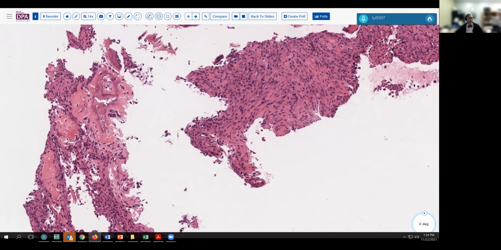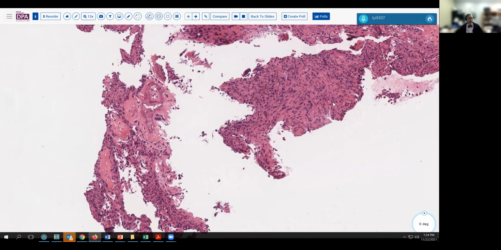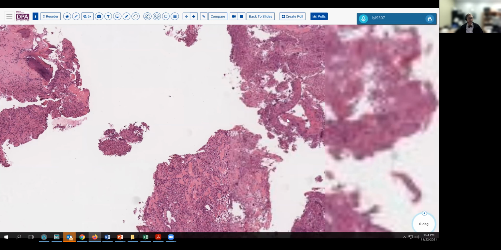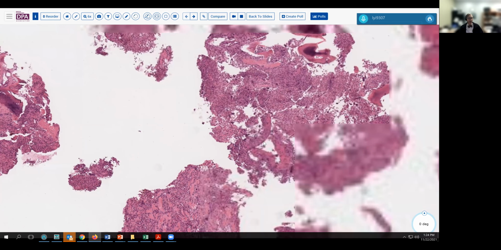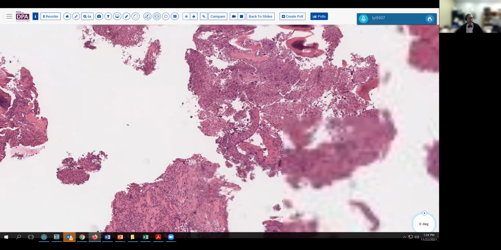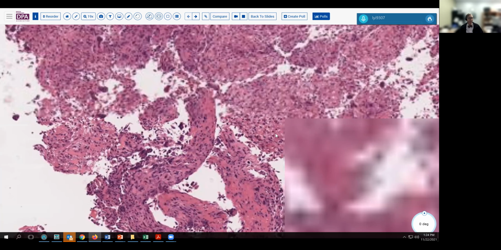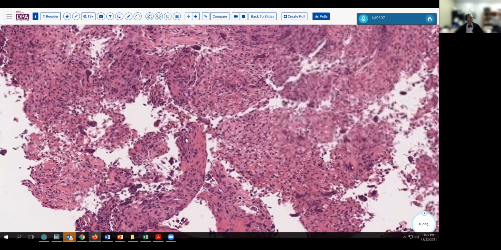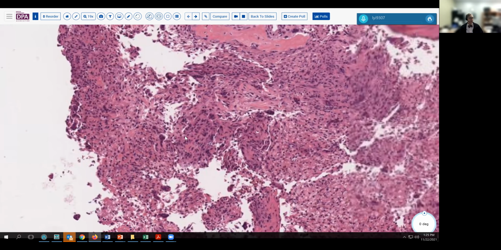tissue. So let's look back at the other areas, the more cellular areas again, and just get an idea of what's going on here in these very cellular areas. So as we can see, there's quite a number of giant cells scattered around, some of them floating loose in and around the tissue, some of them associated with the cells of the tumor.